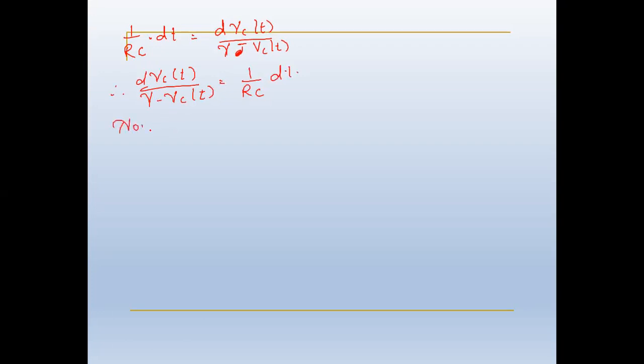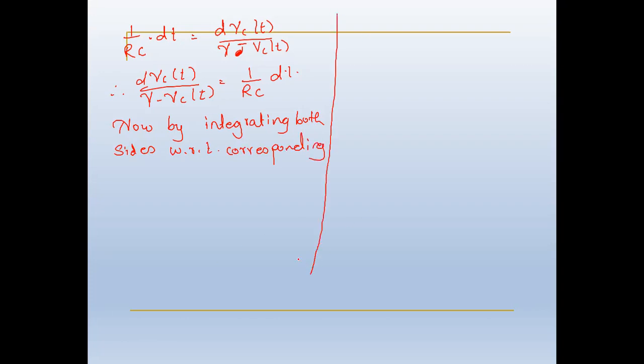Now, by integrating both sides with respect to the corresponding variables, which I have defined as t, it will be minus natural log of V minus Vc of t is equal to t by RC plus k.